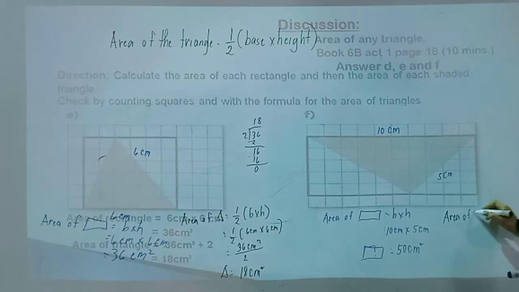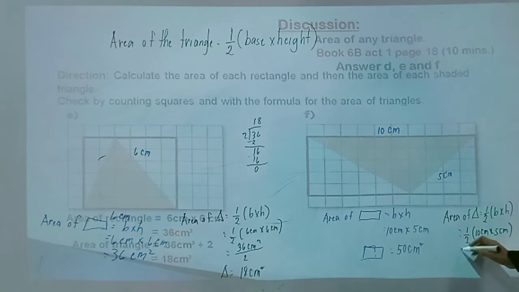The area of a triangle is equal to 1/2 times base times the height, which is 1/2 times 10 centimeter times 5 centimeter. 10 times 5 is 50 centimeter squared divided by 2. So the area of the triangle is 50 divided by 2, which is equal to 25 centimeter squared. So this is the answer.